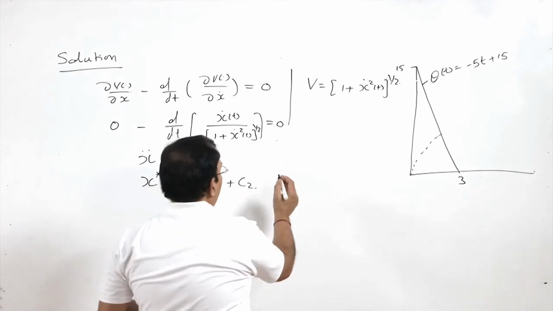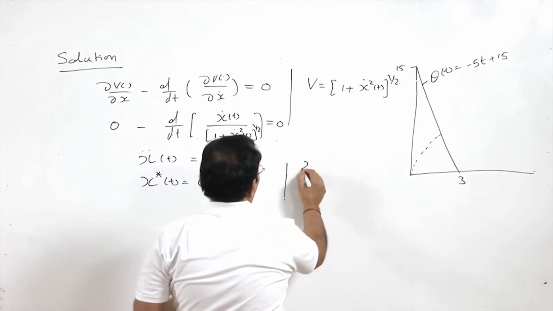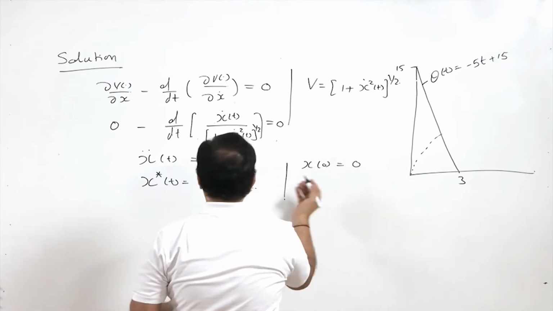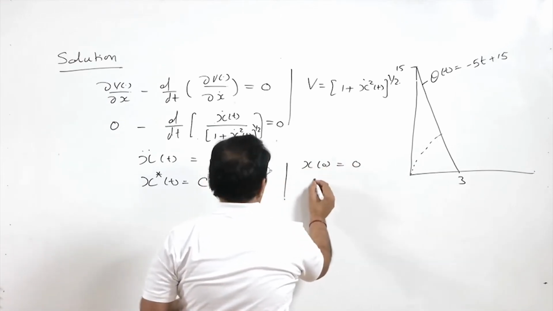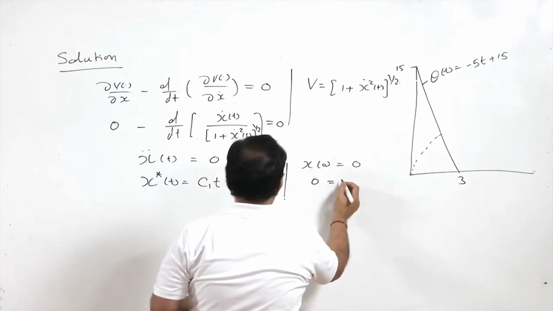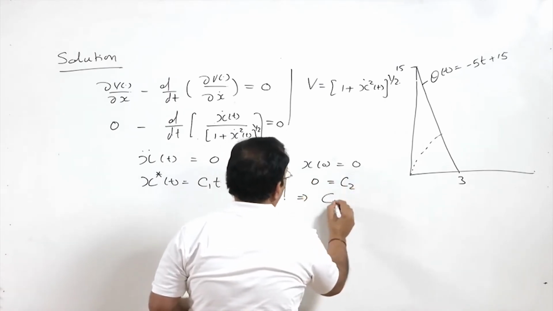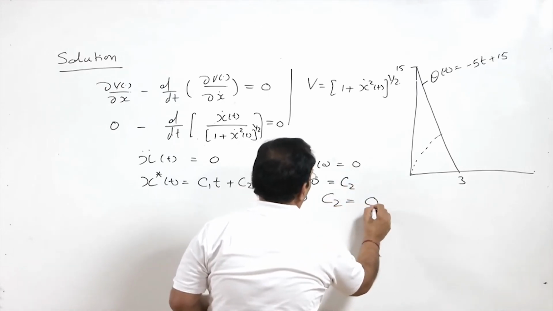So, my first condition is x0 equal to 0. If t is 0, C1 term will be 0, leaving C2. This implies my C2 value comes out to be 0.